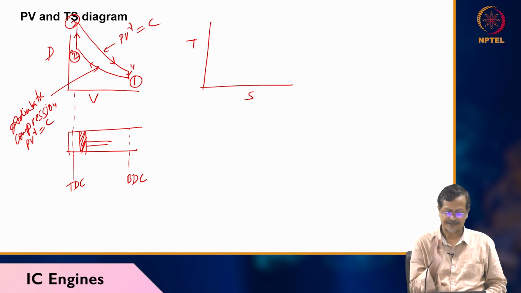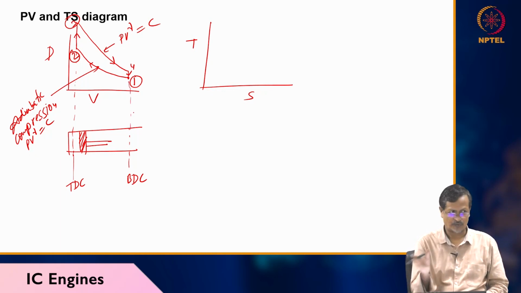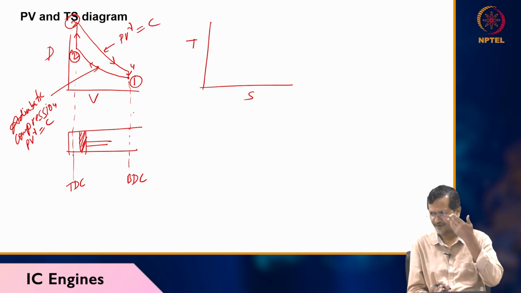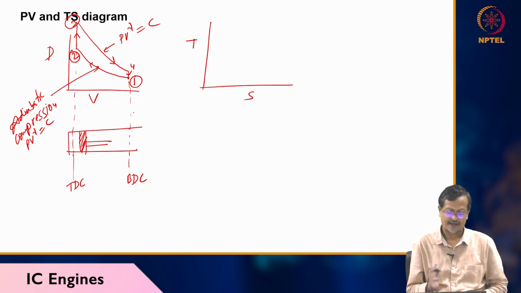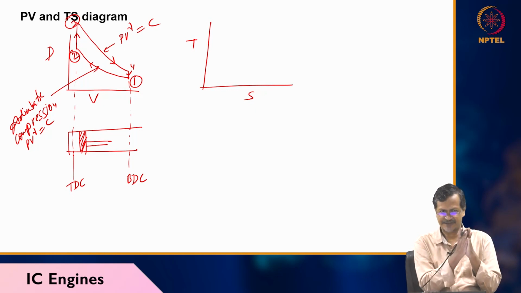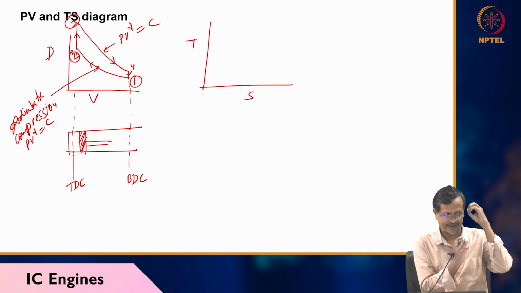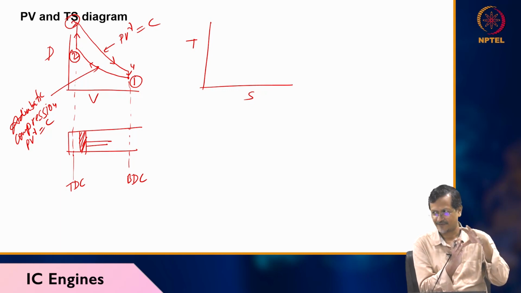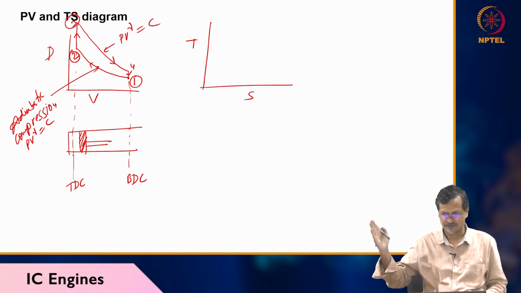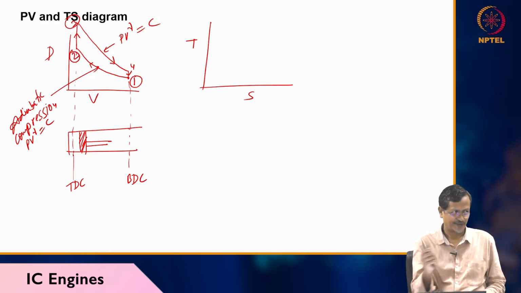And once it reaches 4, meaning the bottom dead center, all gas should go out. So we are assuming the gas went out instantaneously. And for 2 to 3, the piston is at the top dead center, and instantaneously you are giving all the energy. Practically it is not possible when the piston is moving at very high speed, up and down.